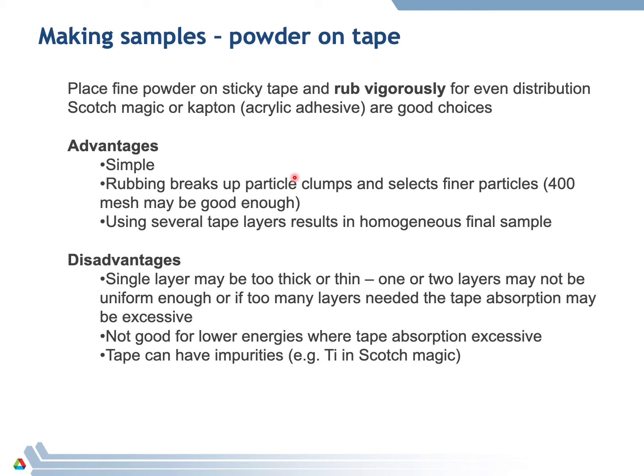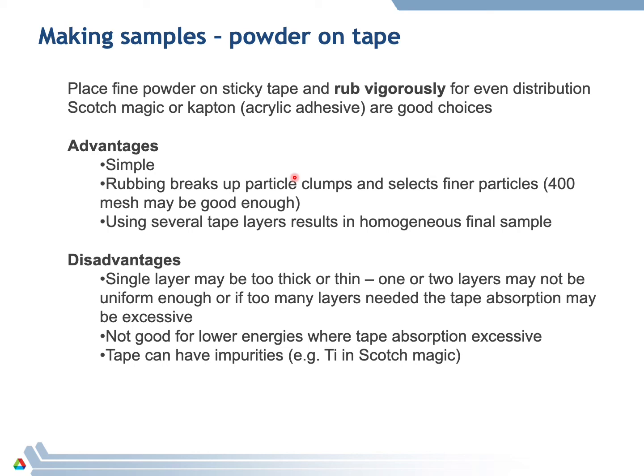And also, you'll rub off the larger particles. They'll end up off the tape if you rub it enough. So I've found that in the past, even with the 400 mesh powder, if you rub it onto tape, you can usually get a much finer average particle size on the tape.